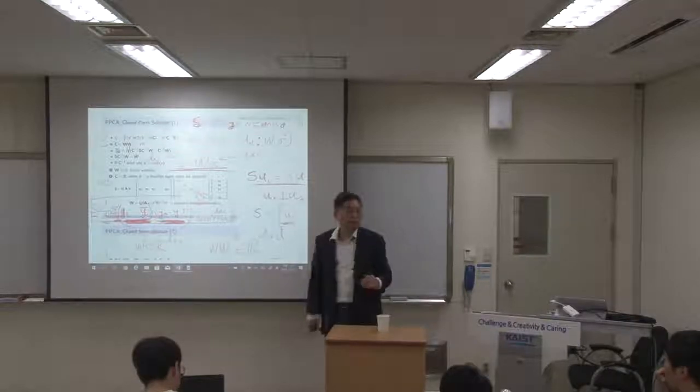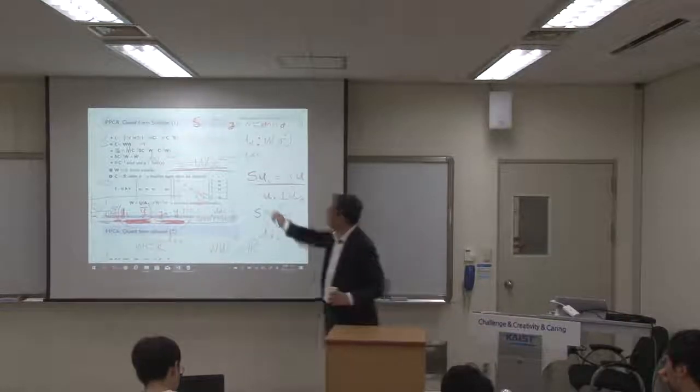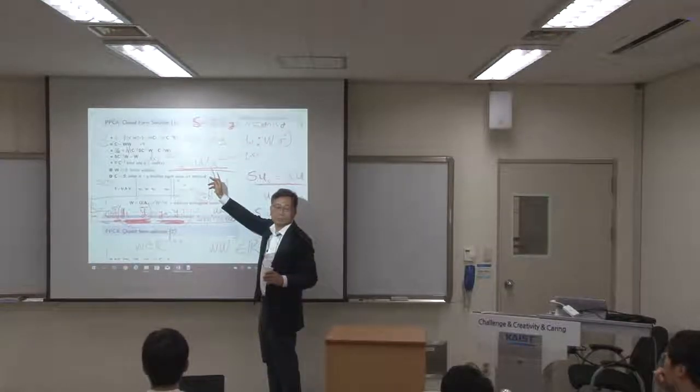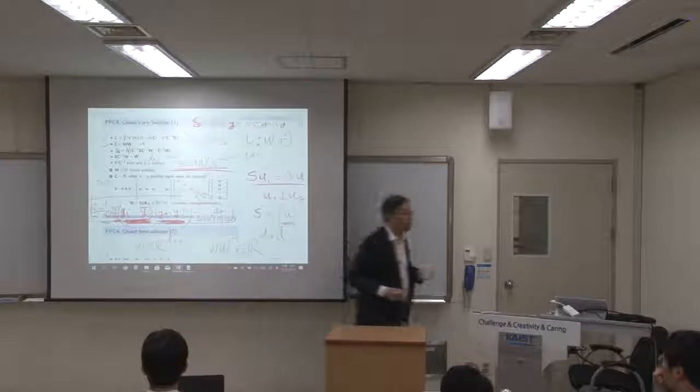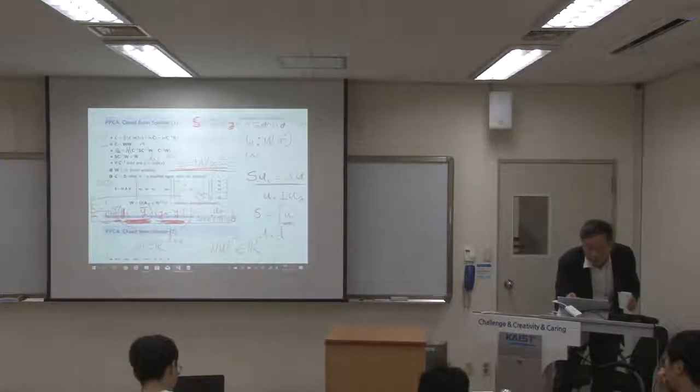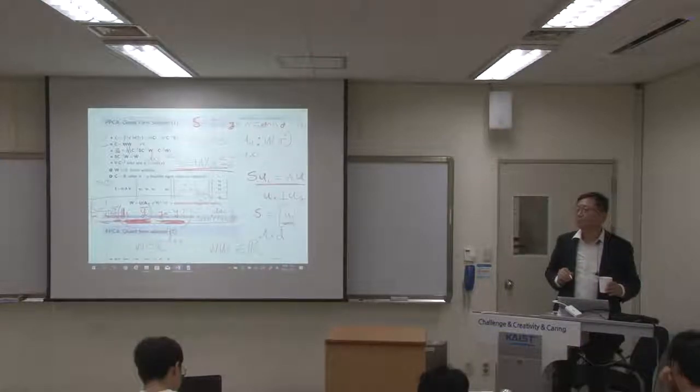But in our model, what are we doing? In the probabilistic PCA, we assume that there is epsilon. That's noise.